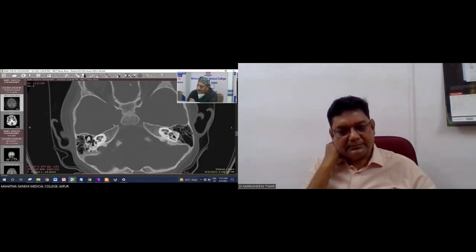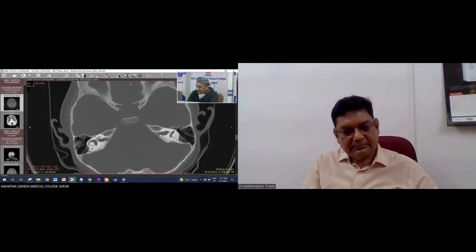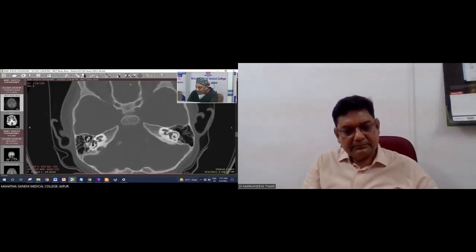So gusher is totally attributed to the abnormal communication of the lateral end of the internal auditory meatus to the cochlea. When the cochlear aperture is widened, when the modiolus is deficient, when there is through-and-through communication of the base of the cochlea with the internal auditory meatus, a gusher is likely.